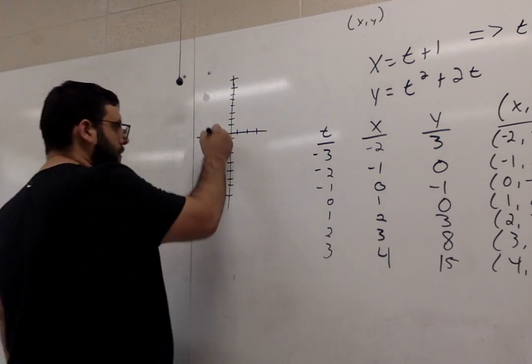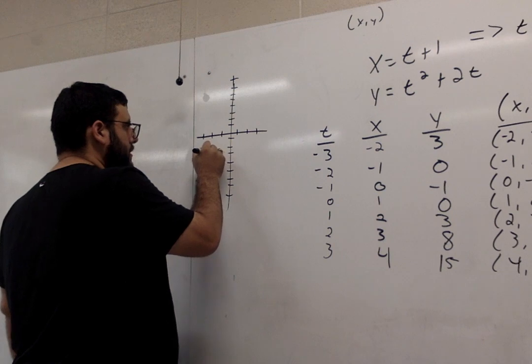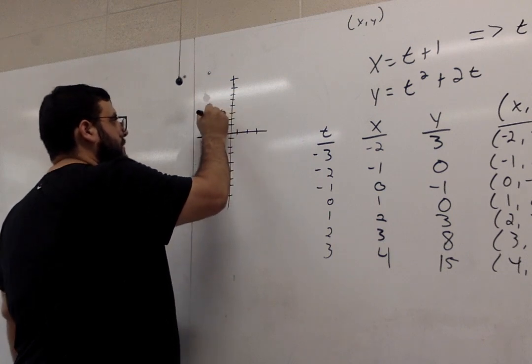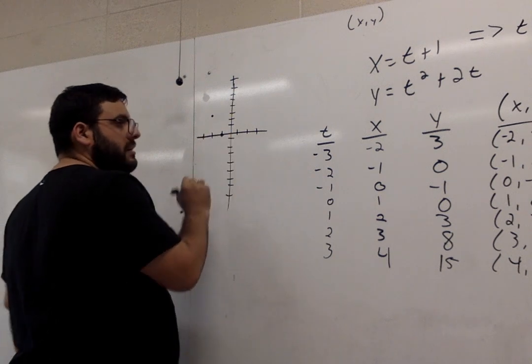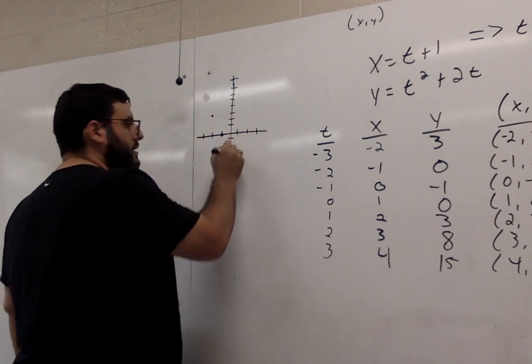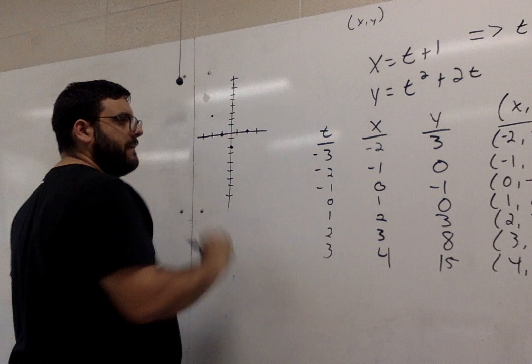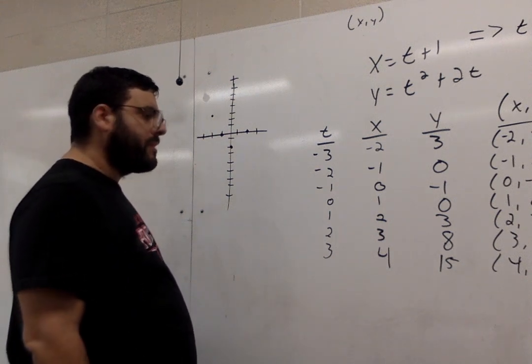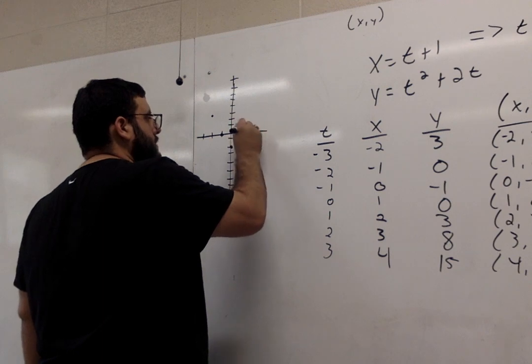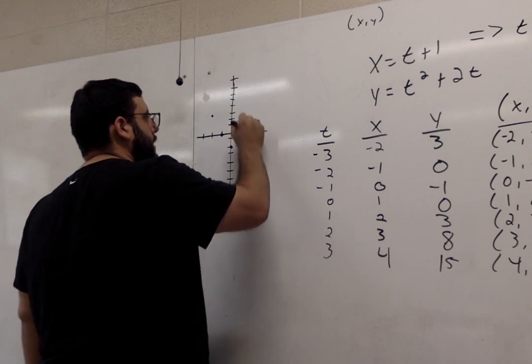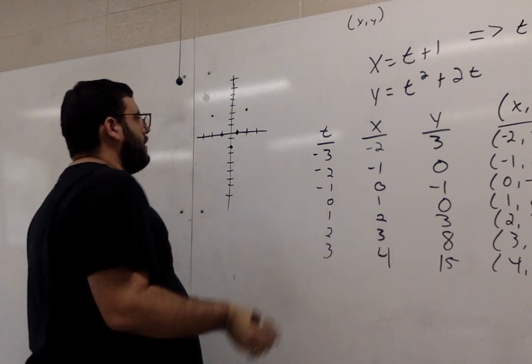So negative 2, 3 is up here. Sorry, I was about to put it in the wrong place. Negative 1, 0. 0, negative 1. Positive 1, 0. 2, 3. There we go.